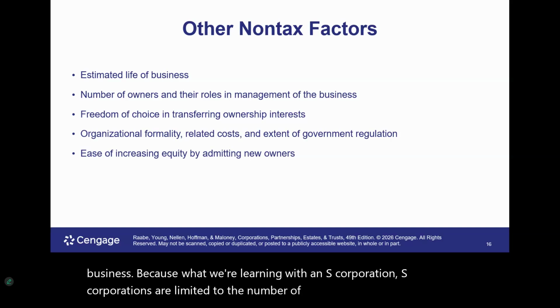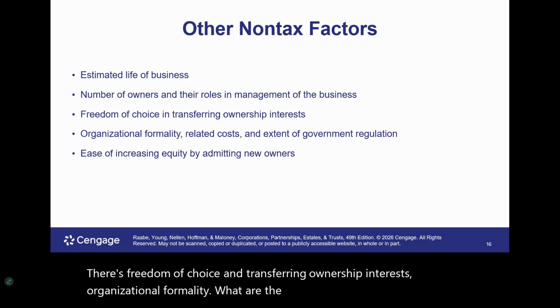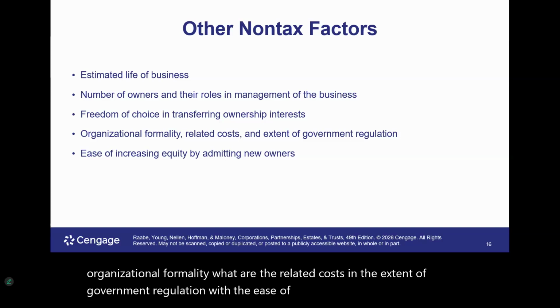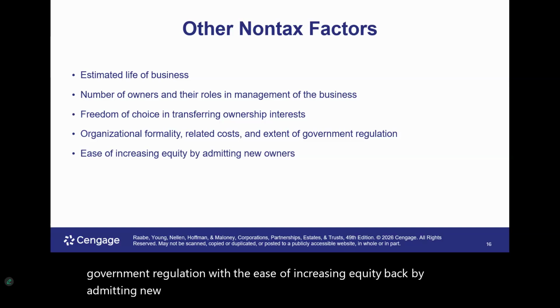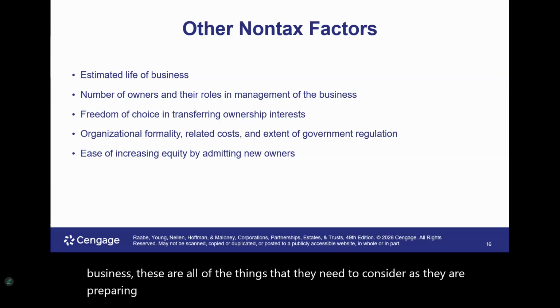There's freedom of choice in transferring ownership interests. Organizational formality: what are the related costs and the extent of government regulation? What's the ease of increasing equity by admitting new owners? So before individuals decide which form of business, these are all of the things that they need to consider as they are preparing to decide the form of business.